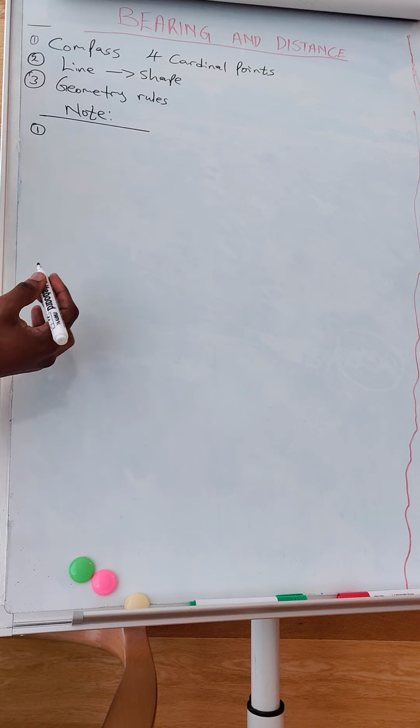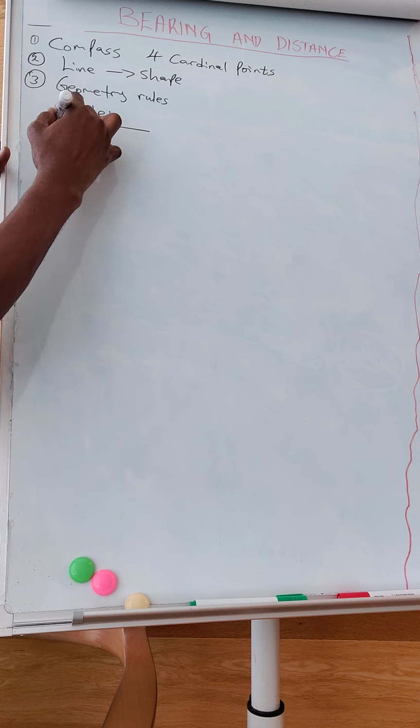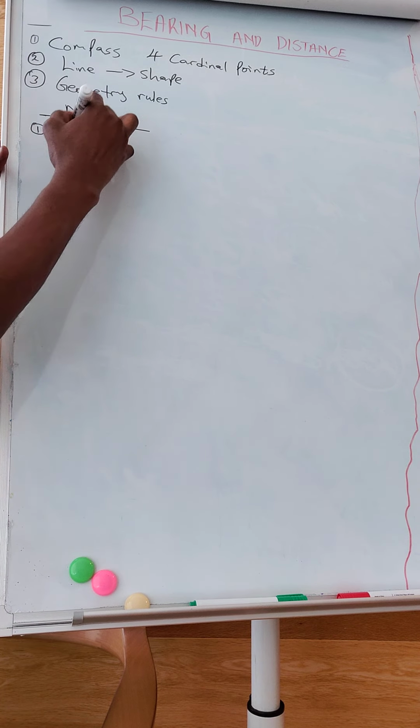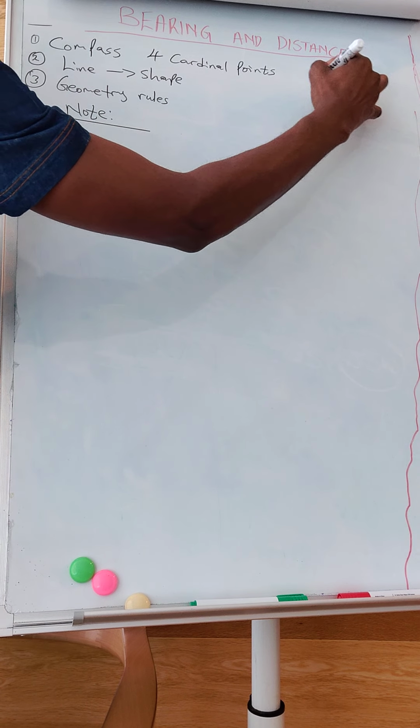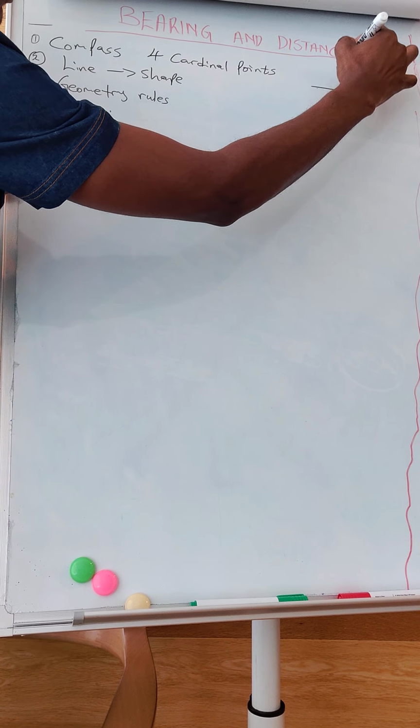The first one is you have to take note of the knot. The knot is the point 0. I don't want to start drawing the four cardinal points now.